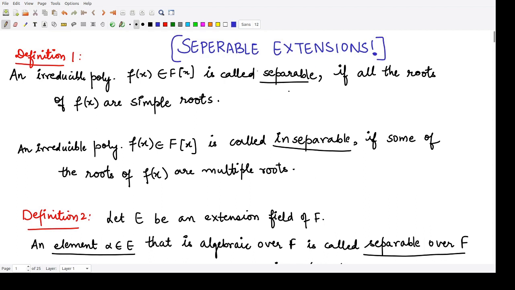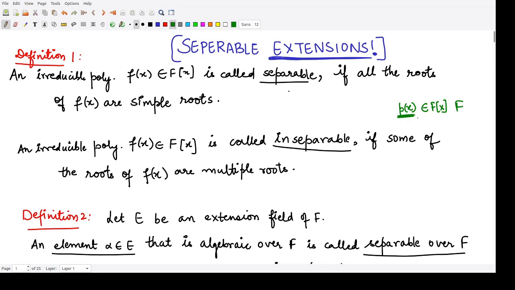Before going to these extensions, let us see where they come from. Extensions come into the picture whenever you have some field and some irreducible polynomial f of x over this field.